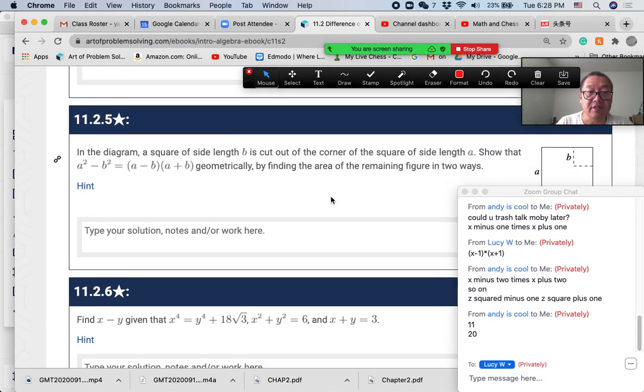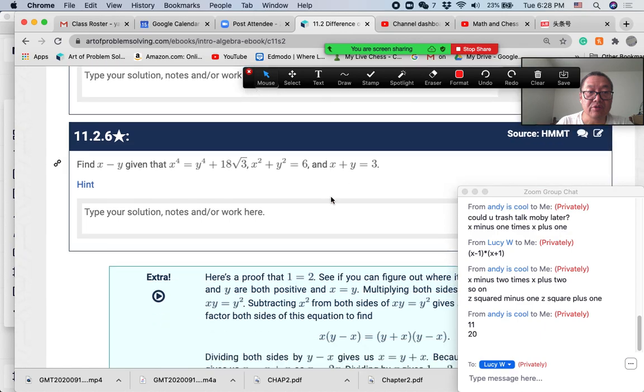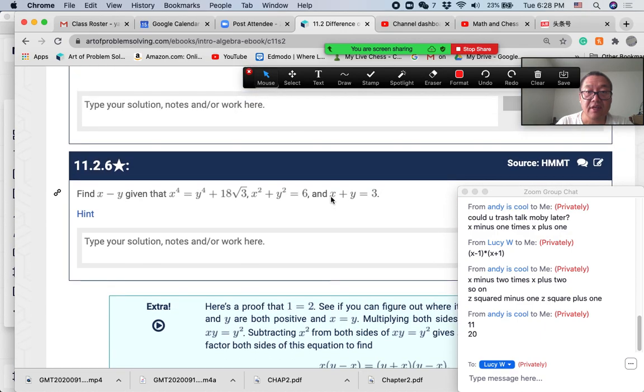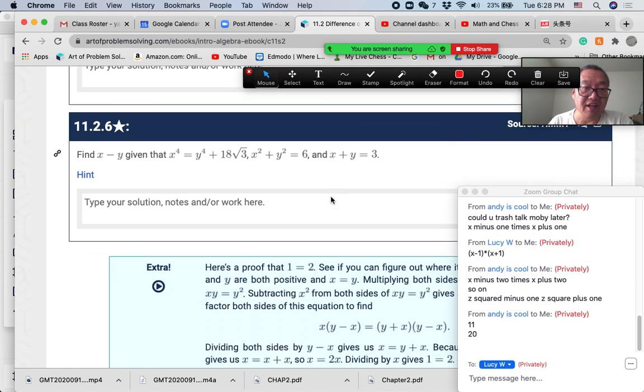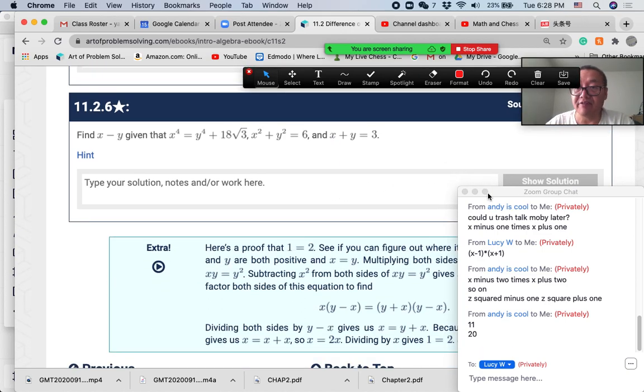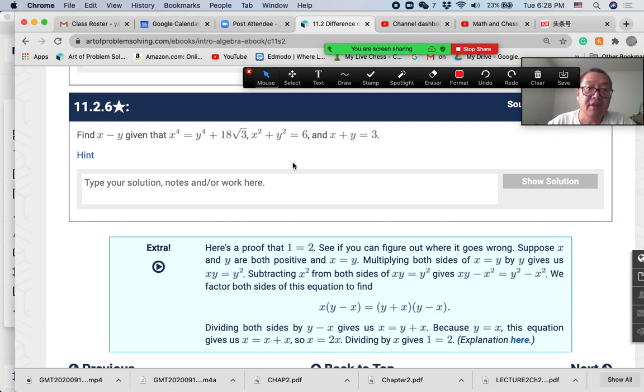Now let's see 11.2.6. Now let's try to solve this last one, because we still have a couple of minutes. See this one, they ask you to find x minus y, given this one and x plus y equals 3.